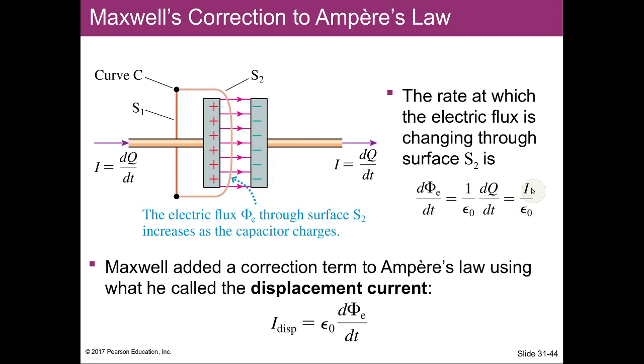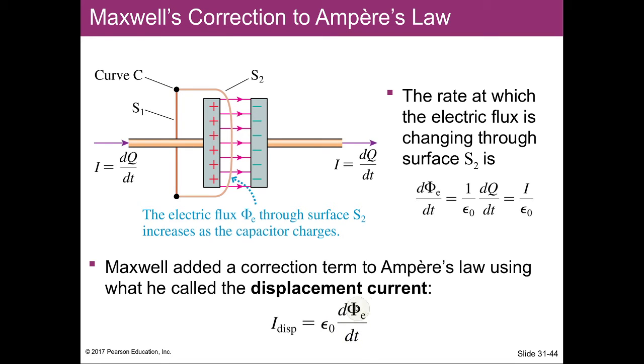So in other words, the physical current that appears in Ampere's law on the side of the capacitor where the wire connects to it, that physical current is exactly the same in magnitude as epsilon naught d phi electric by dt.